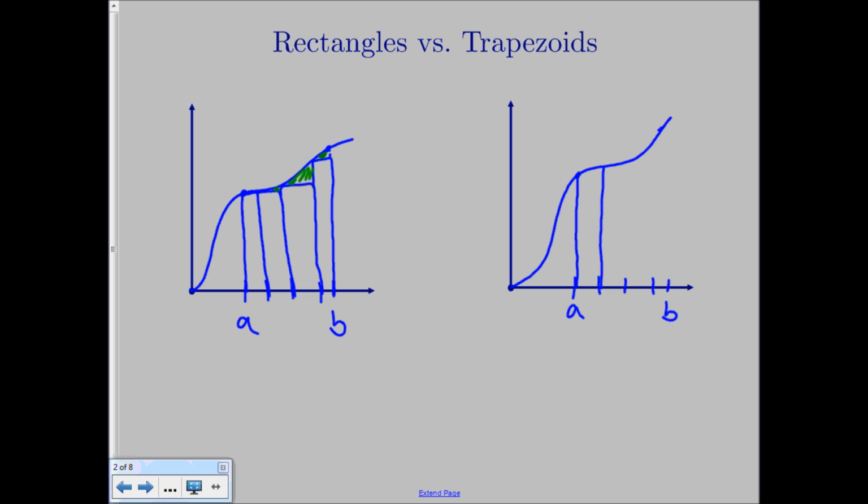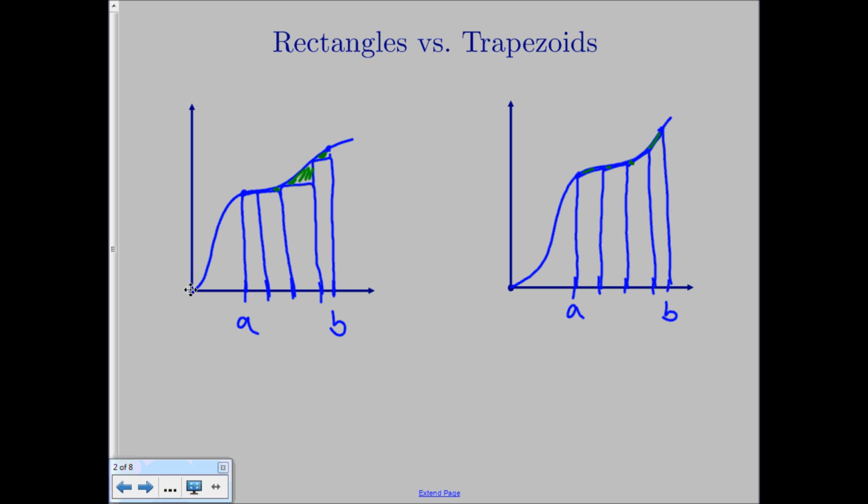If I draw the lines up and draw trapezoids connecting them, we can see that we actually have a lot less area being missed. Even with only 4 trapezoids, we only have a little bit of area here, maybe a line there and a line there, maybe a little bit here that's not being covered. So there's a lot less green area.